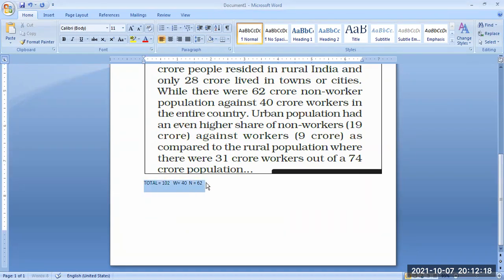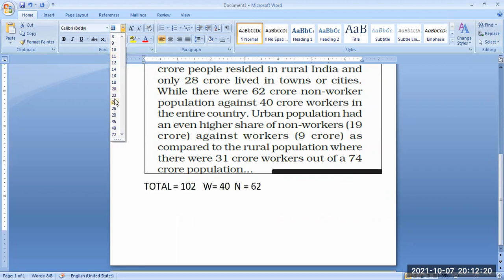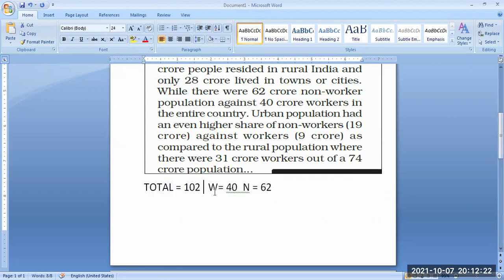I will increase the size. Did you get what I have written? Total population 102 crores. In this population, 40 crore are workers, whereas 62 crores are non-workers.